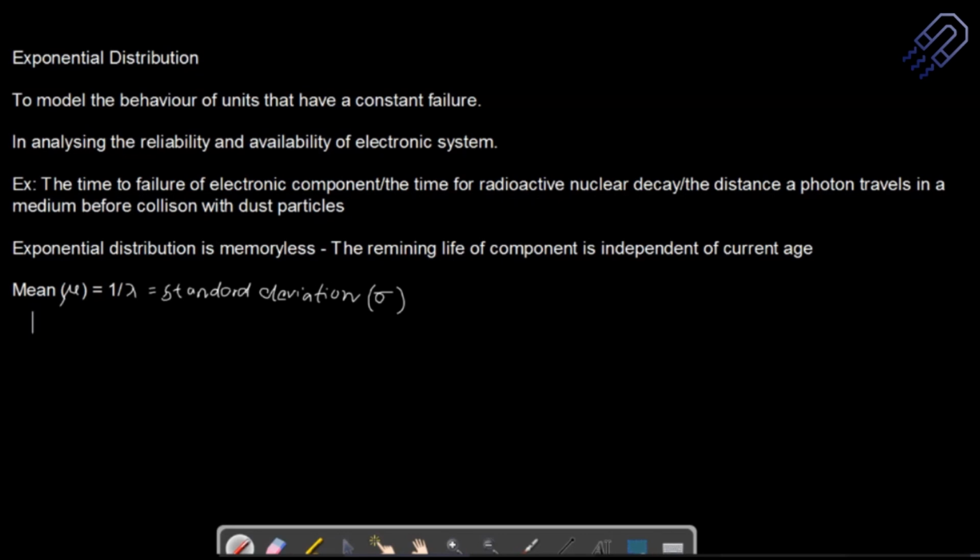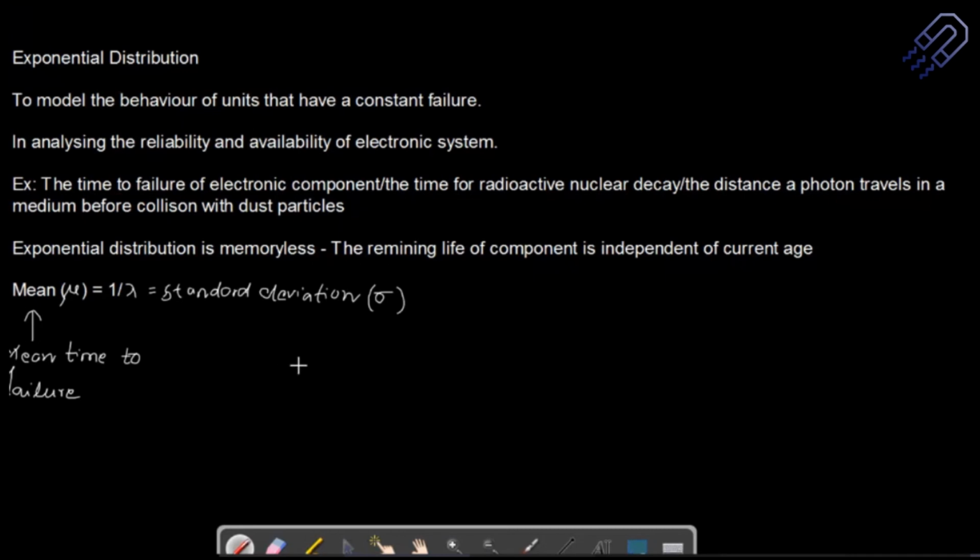And what does this mean exactly? Mean time to failure. Okay, so this is interesting.